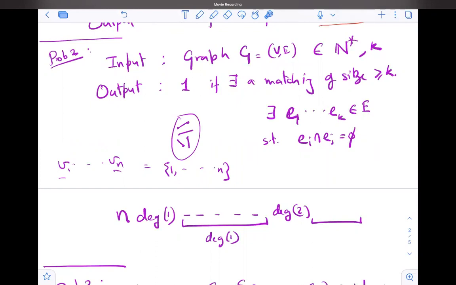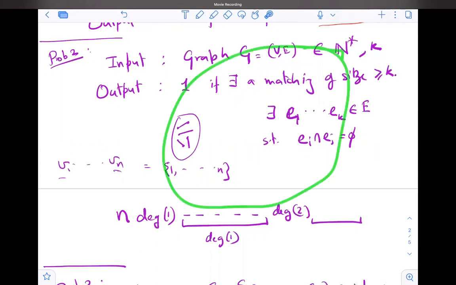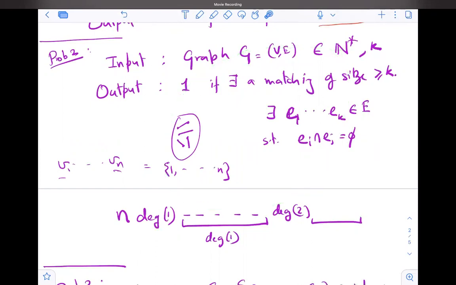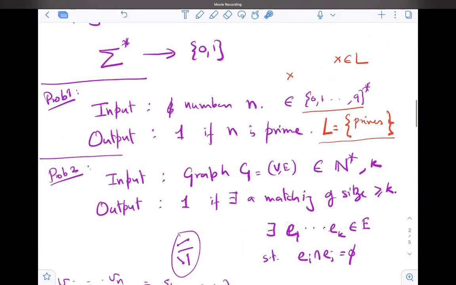That means the language L corresponding to this problem is in P. Or in other words, this problem is in P. If I tell you, give me any number, I will check whether the number is prime or not in polynomial time, polynomial in the size of the input, that means that this language is in P. And we kind of use it as saying that the problem is in P.